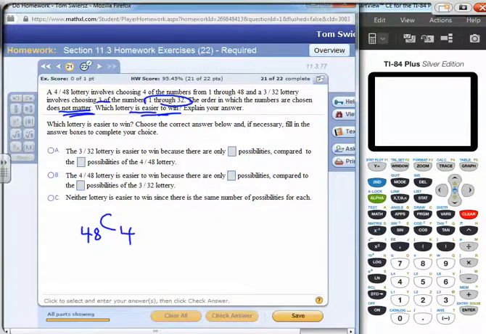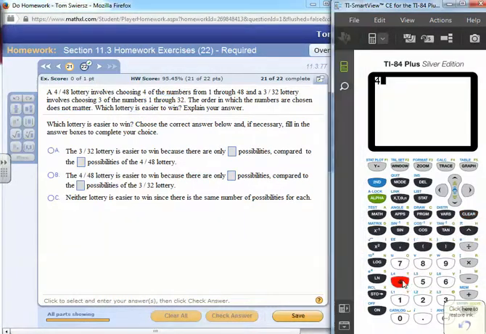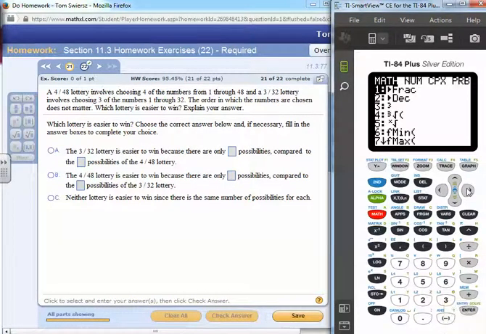So we'll do that on our calculator, get that answer. The other one, the 3-32 lottery, again, order doesn't matter. We've got a total of 32 and we're choosing 3. So we'll do each one of those on our calculator, see which one is smaller to get the correct answer. So we've got 48, math key, and then over to probability.